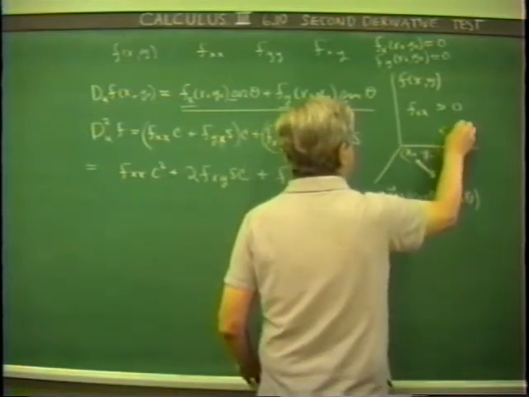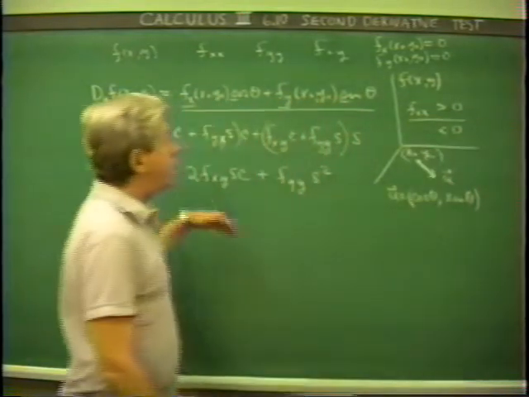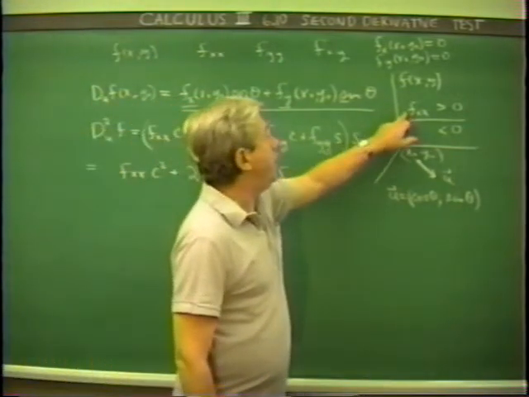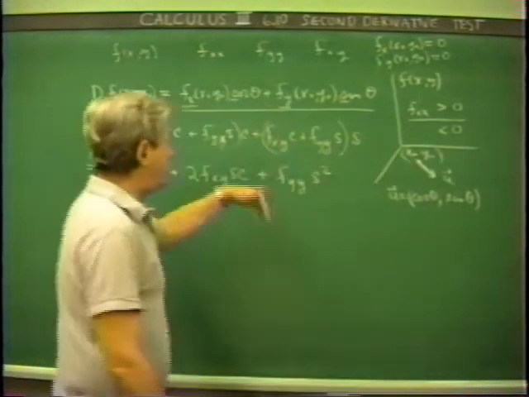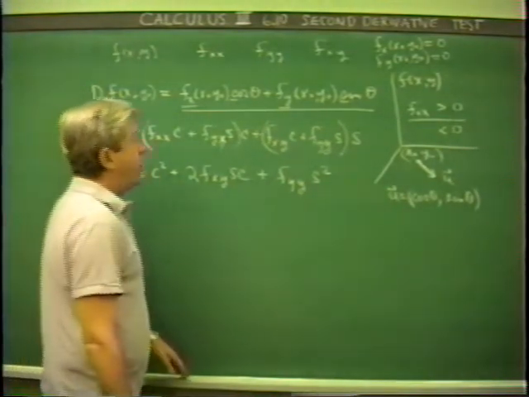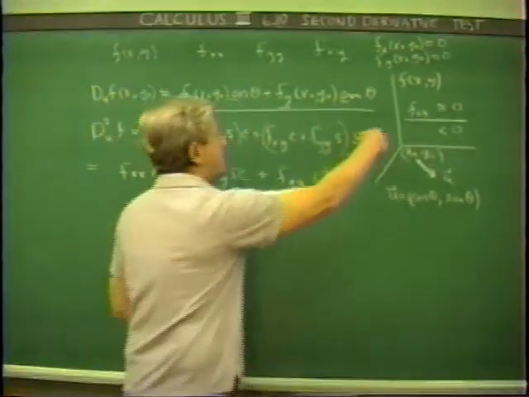Now let's suppose that the second partial with respect to x is, let's say, greater than 0 or less than 0 here. If it was greater than 0, then we would expect a minimum, because this would mean concave up. If it was less than 0, we would expect a maximum, because that would mean concave down.